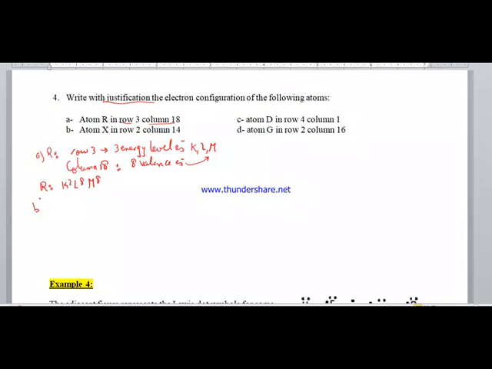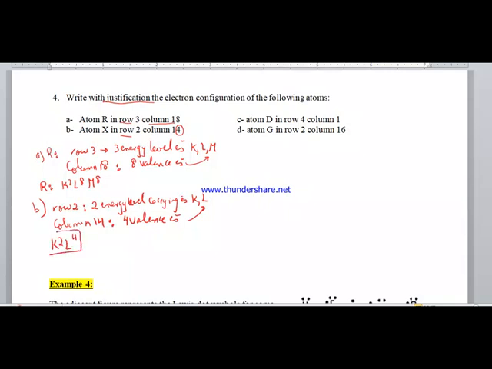The second atom X, row 2. In the same way as explained in part A, it means we have 2 energy levels carrying electrons, which are K and L. Column 14 means we have 4 valence electrons on the last energy level L, so the electron configuration will be K2 L4.